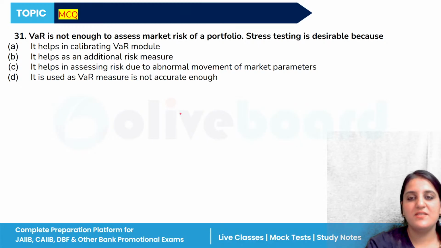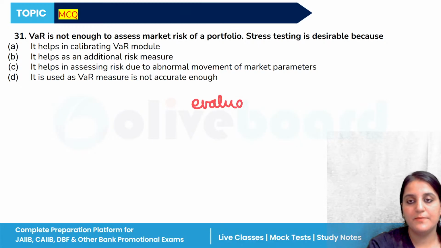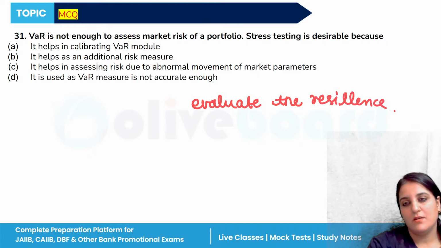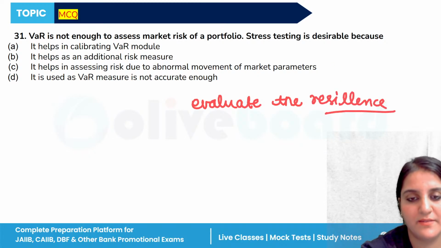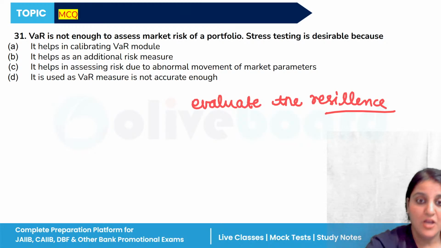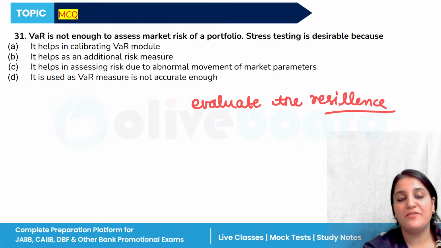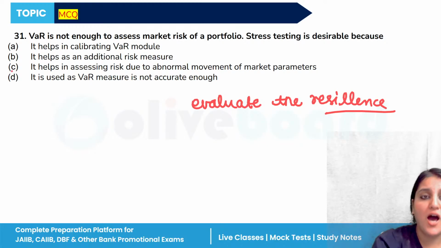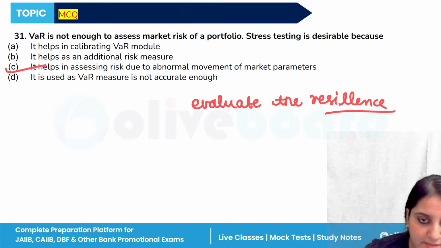Stress testing is used to evaluate the resilience of a portfolio under extreme or unusual market conditions which are not captured by value at risk. So basically, stress testing is desirable because it helps in assessing the abnormal movements of market parameters.